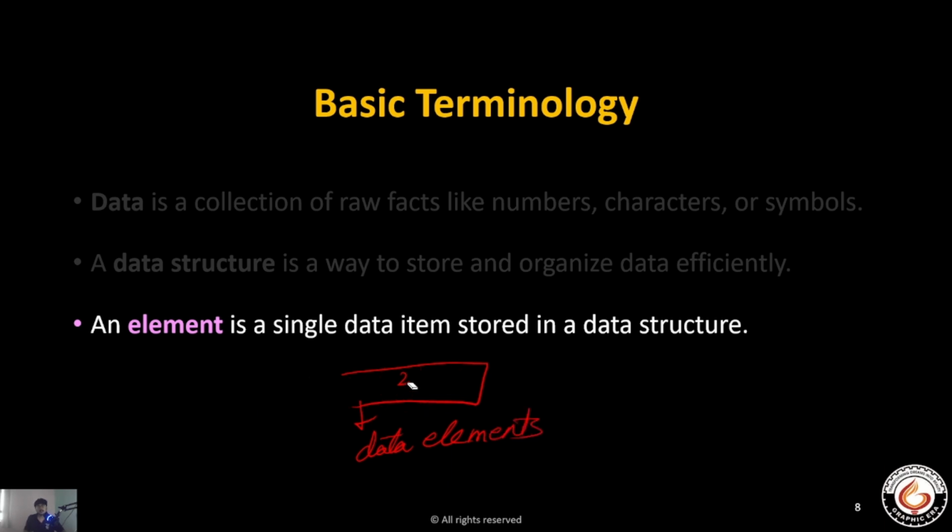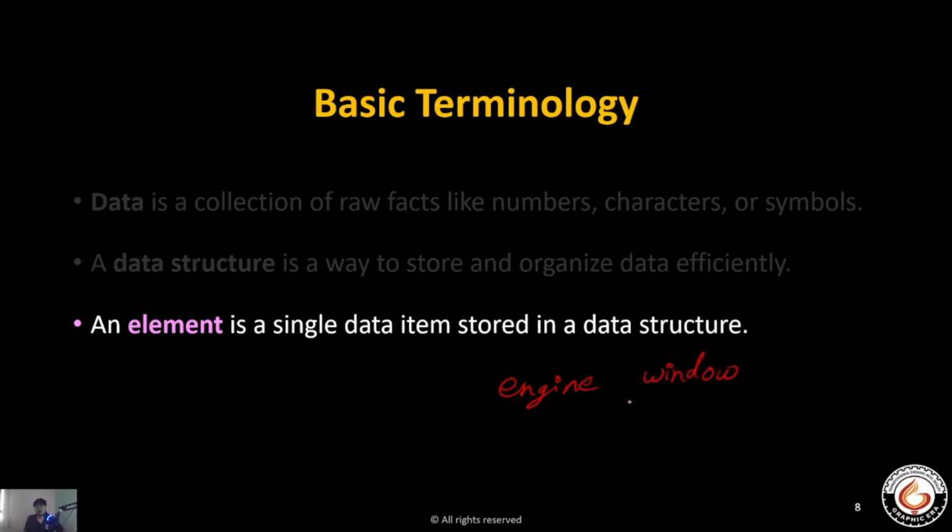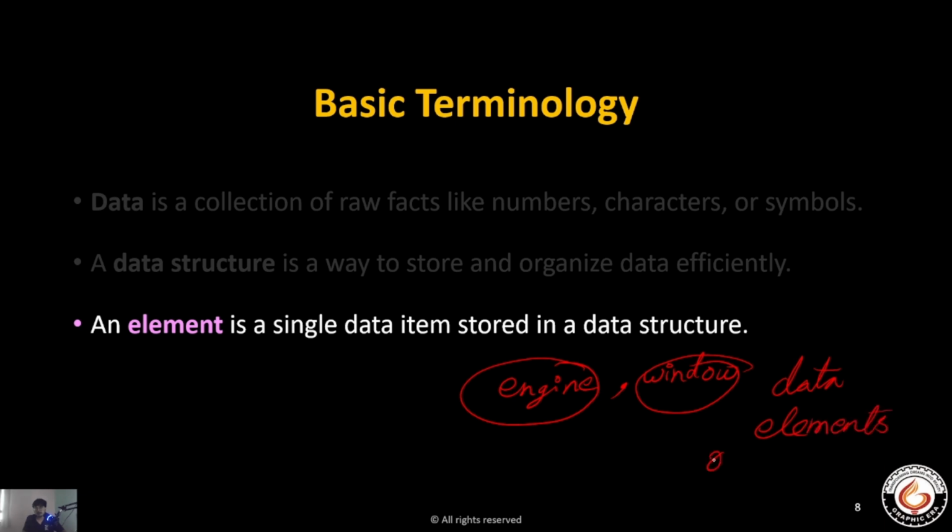In the real world, for example, if we have an engine, if we have a window, these are the data elements of a car.